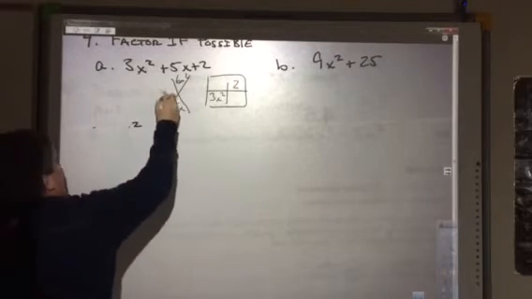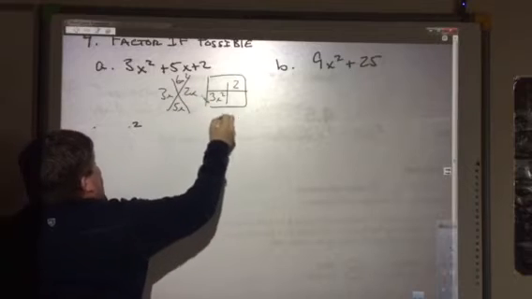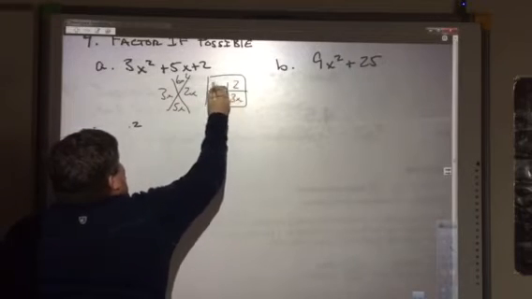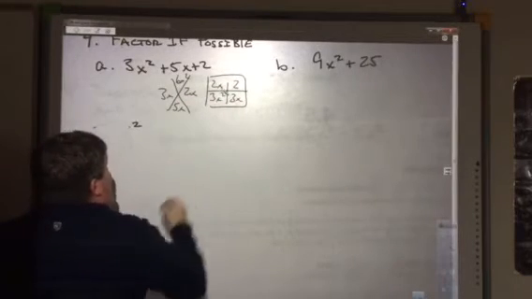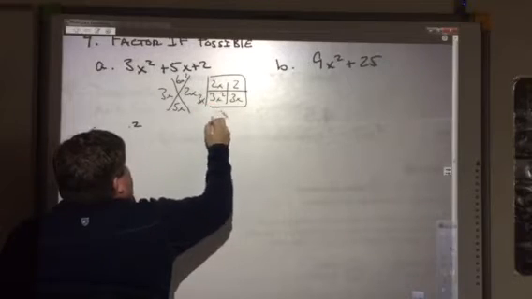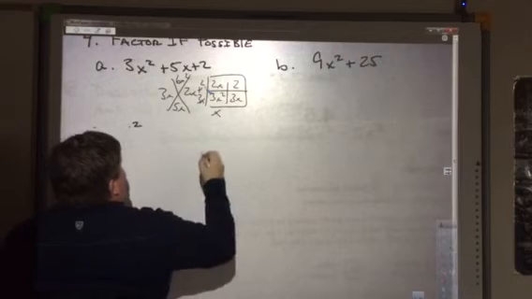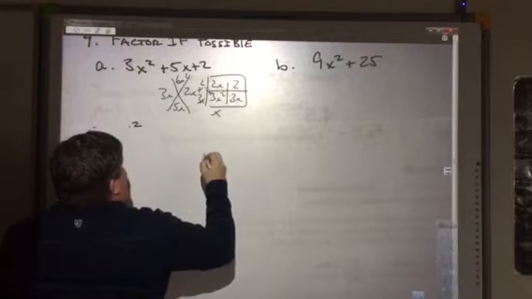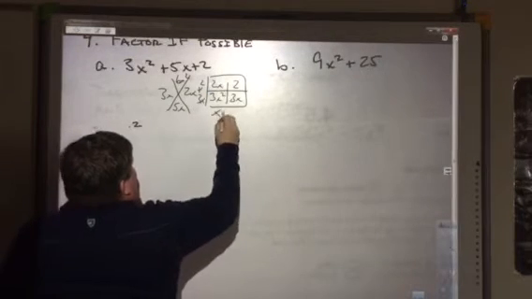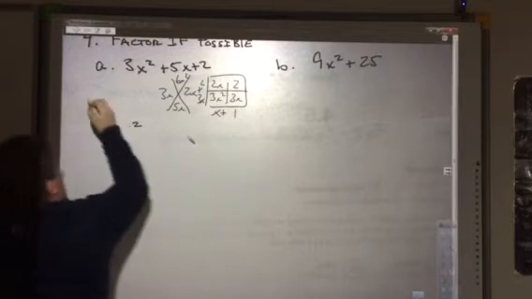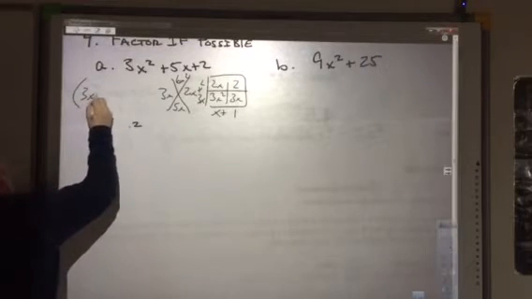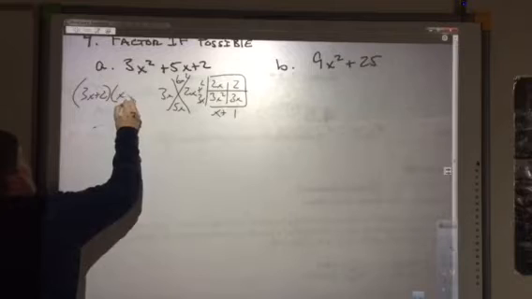Okay, so that's 3x and 2x. So I'm going with 3x and x. This is plus 2. 3x is plus 1. So we factor it into (3x plus 2) times (x plus 1).